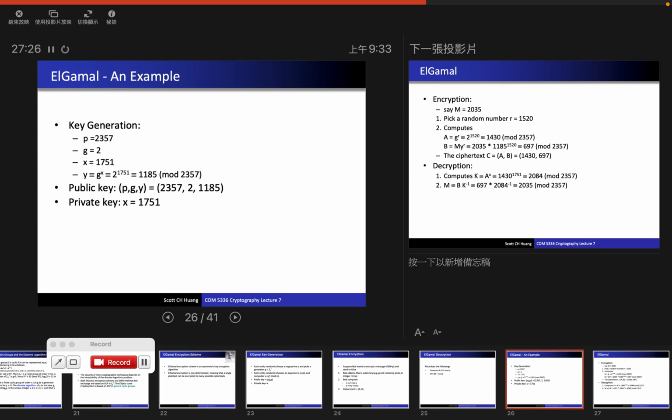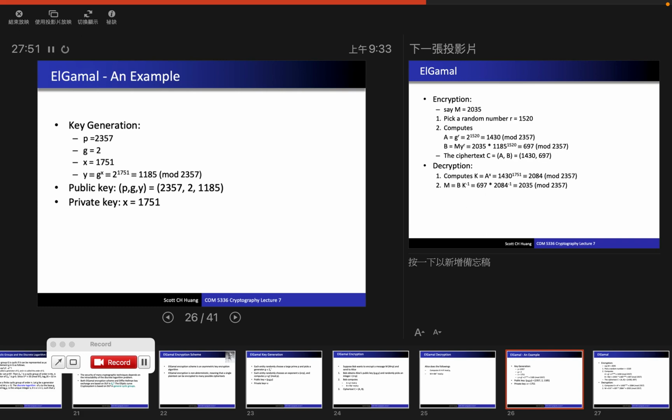So the key generation, for example, P is 2,357, which is prime, and then G is 2. You guys have to verify that this G, the powers of G, actually cover everything.